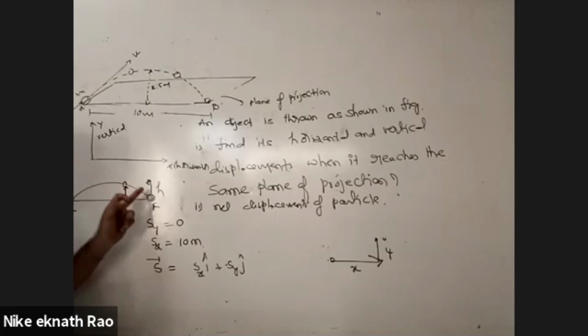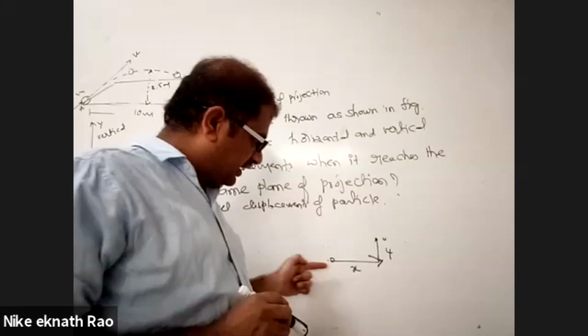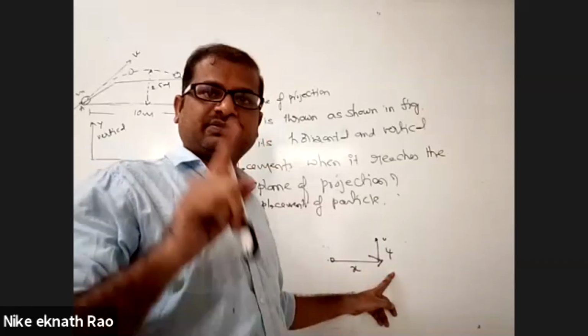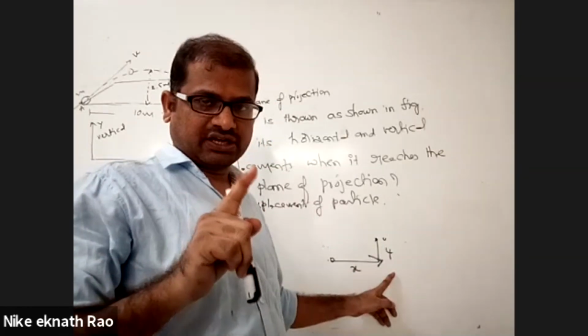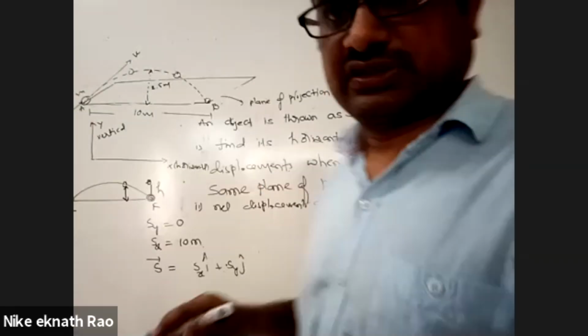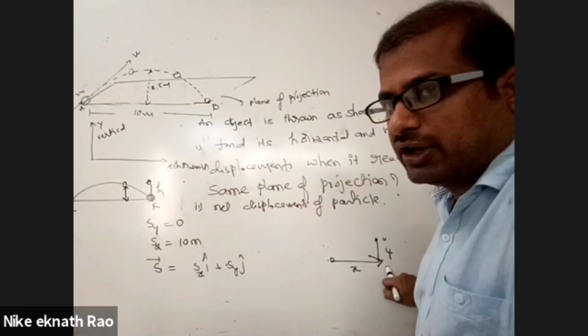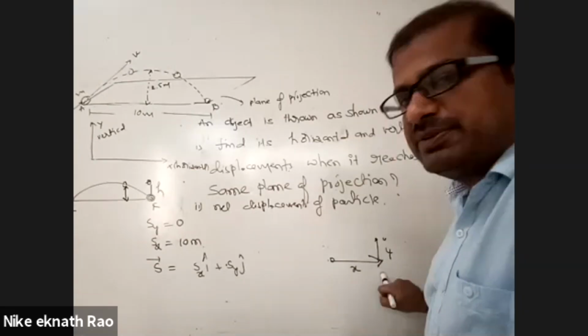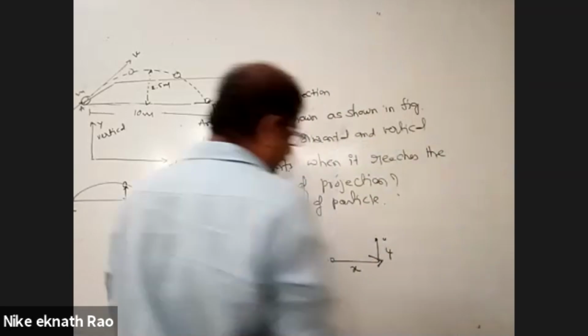Now you see vertical displacement is 0 and horizontal displacement is 10 meters. Displacement is a vector quantity, do you agree with me? Displacement is the directed line segment joining the initial point to the final point. So the x direction displacement is this one, and the y direction displacement is this one. So what can I write now?